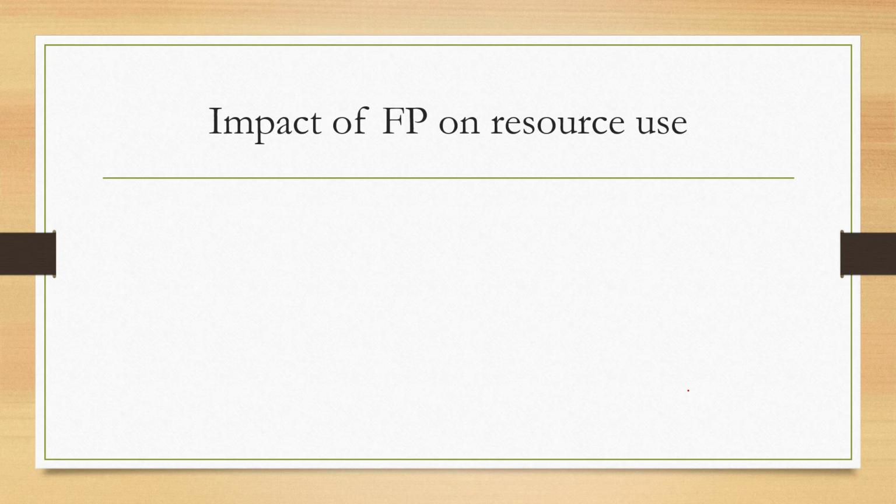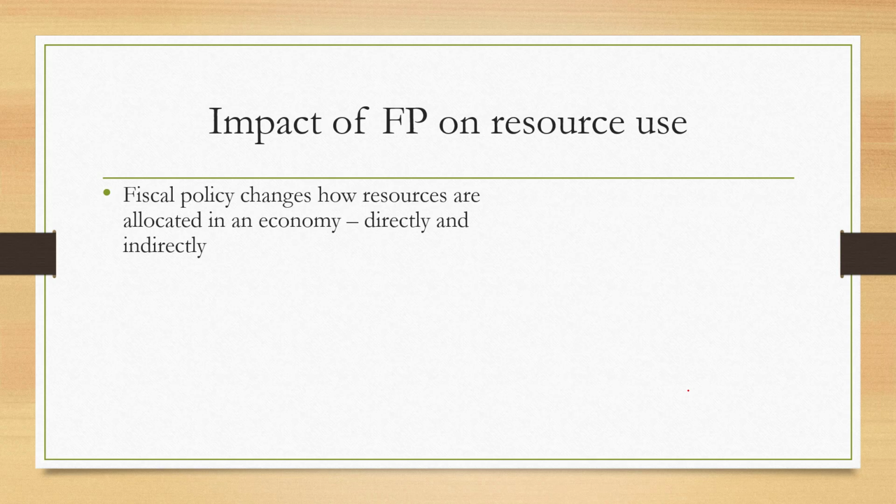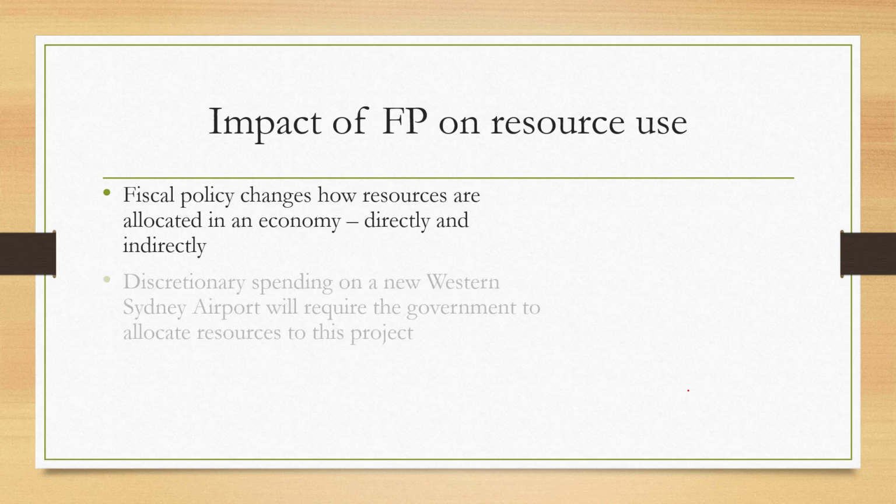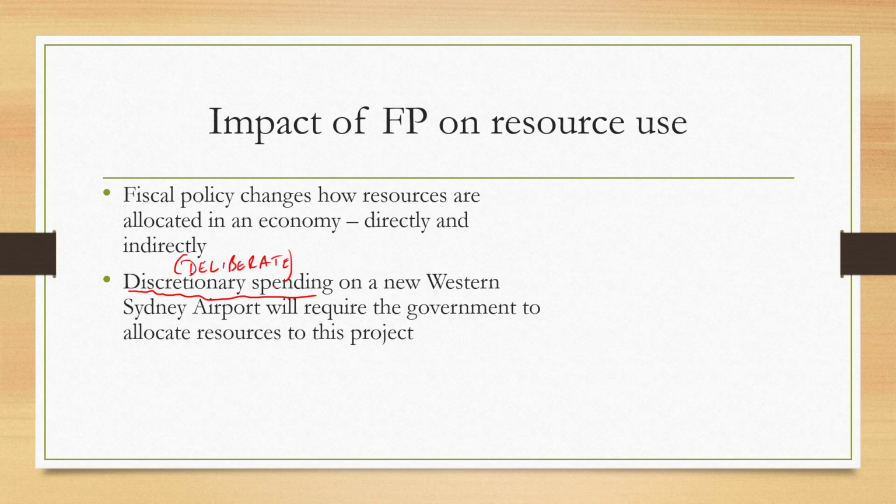Let's have a look at how fiscal policy affects resource use. So fiscal policy, remember fiscal policy, the use of the federal budget, changes how resources are allocated in an economy. And it does that directly and indirectly. So for example, remember discretionary spending, deliberate spending.